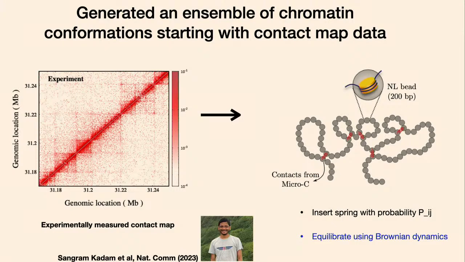It's not that the spring is always there. The spring is there or not there stochastically with the probability Pij. So this brings stochasticity into this, and putting in Pij would at the end generate this kind of contact map. So we follow a somewhat non-trivial procedure, generate a large number of static conformations, then equilibrate those conformations, and the average of this large ensemble of conformations gives rise to this kind of contact map.